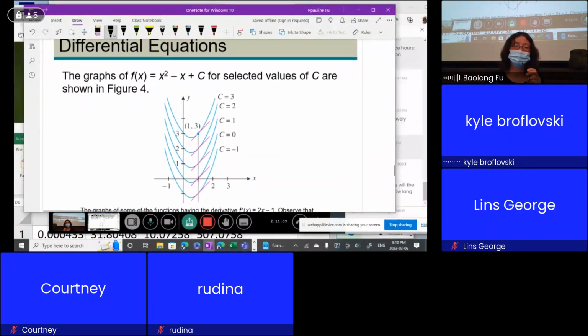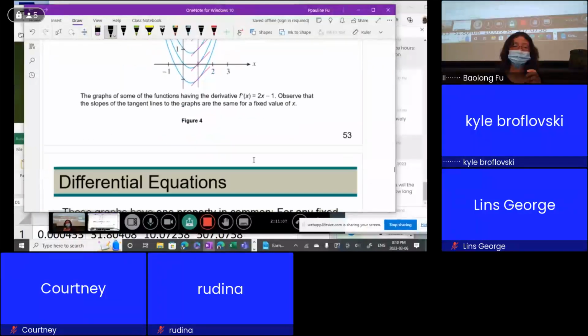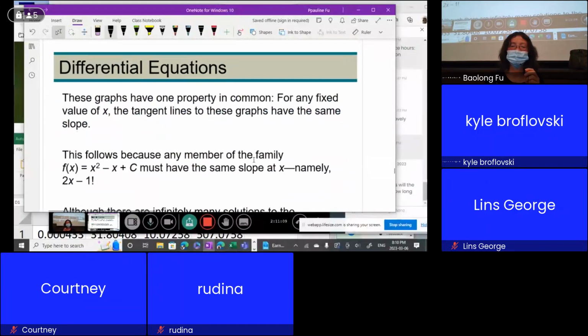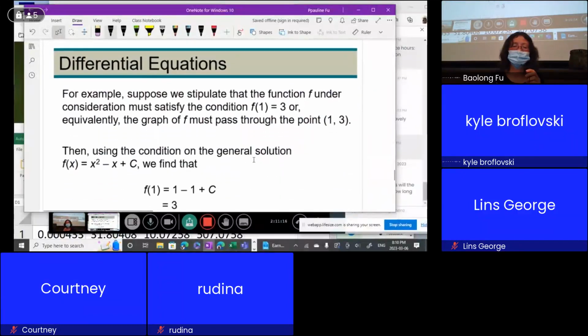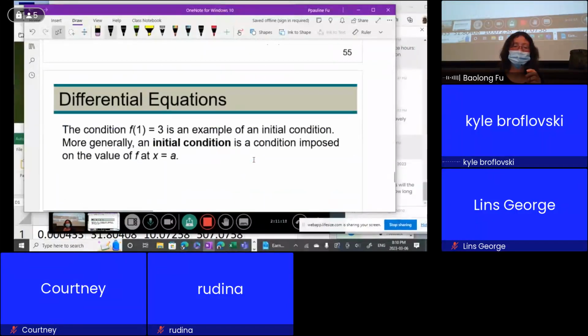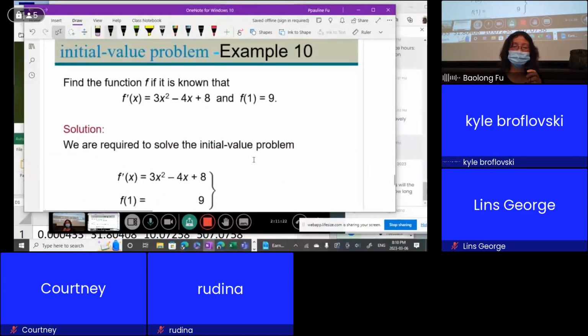Same thing for the differential equations, you could have many functions. Let's take a look at the example here. Directly jump into the example here.